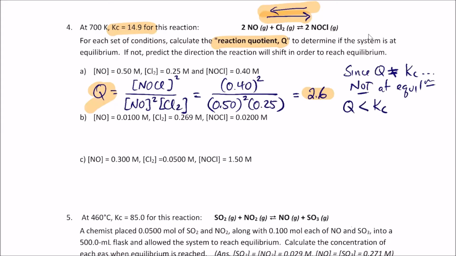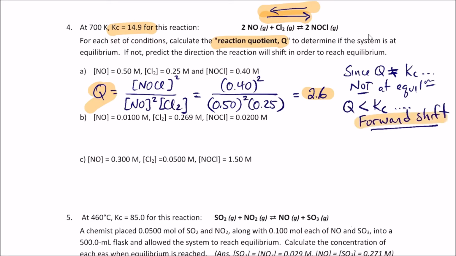So if you need more products and less reactants, what direction is the reaction going? If you're getting more products, it's going forwards, right? So when Q is less than Kc, we get a forward shift in equilibrium. The reaction will shift forwards to reach equilibrium.